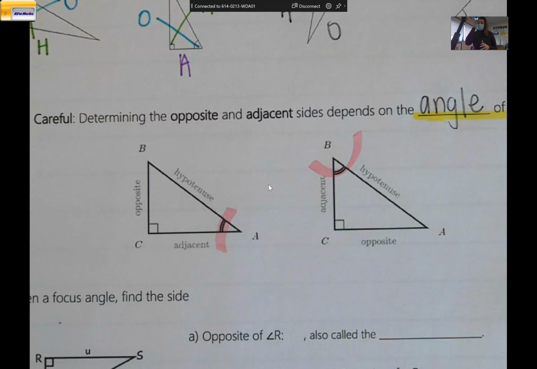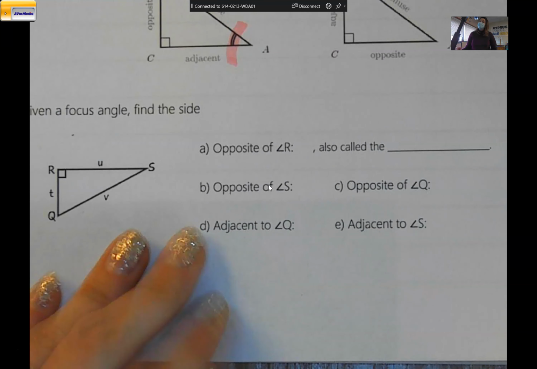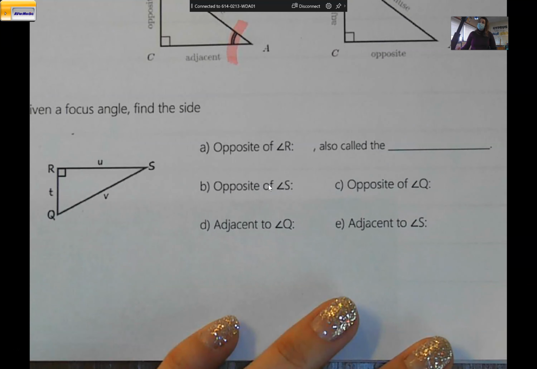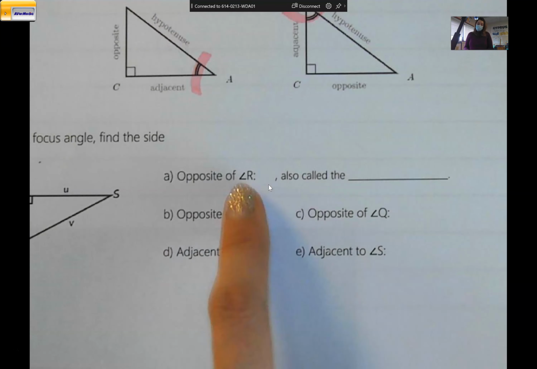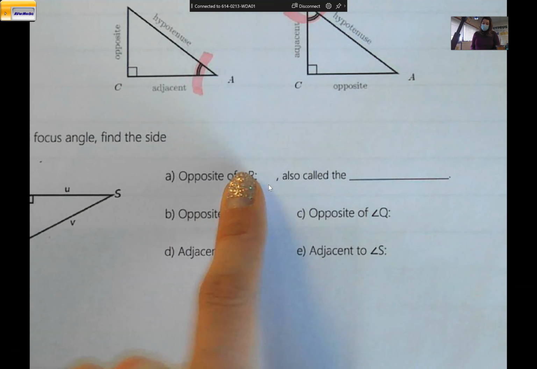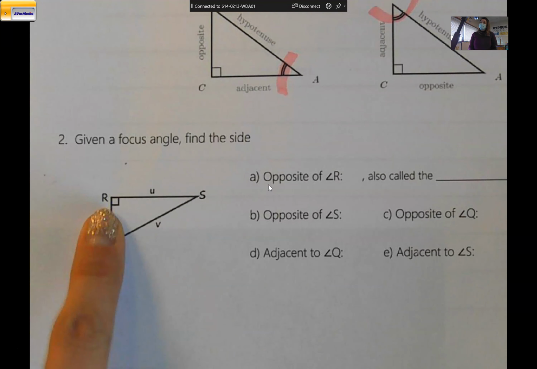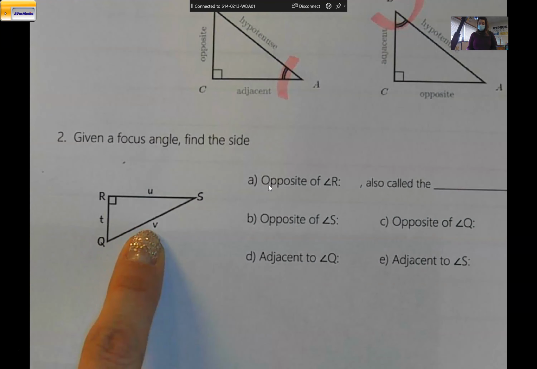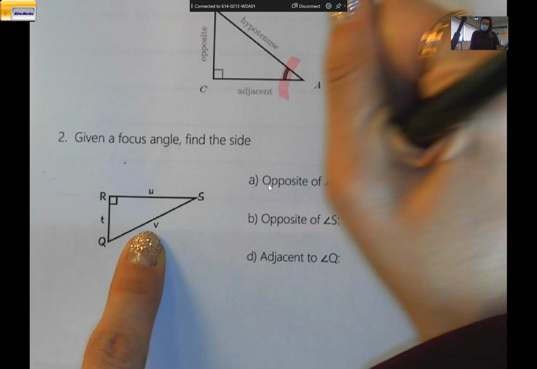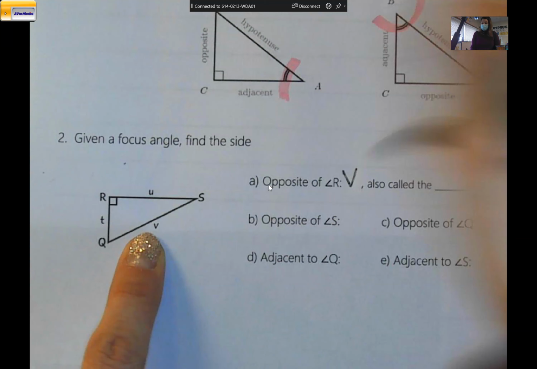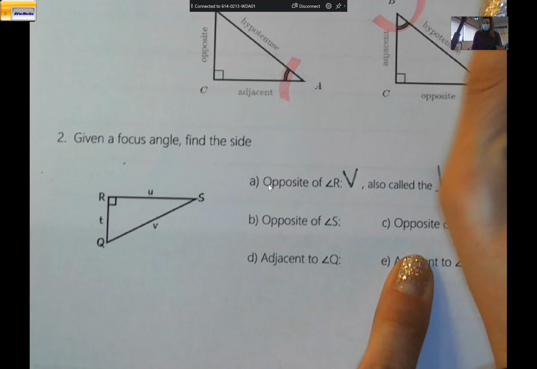So to see if that's making sense, let's try number 2. It says, given a focus angle, find the side. The first one says opposite of R. So I go to R, that's my right triangle. Across from it is side V, which is also our hypotenuse.